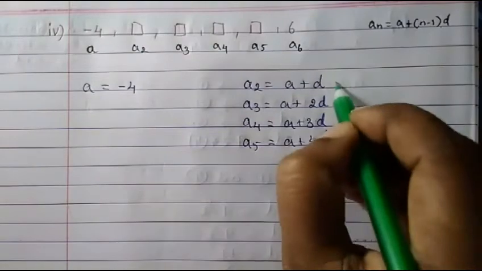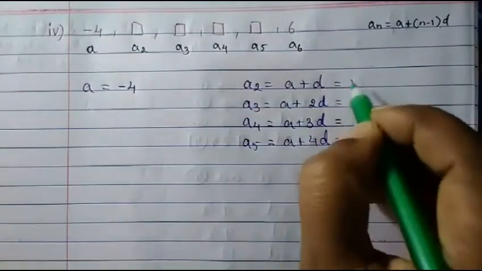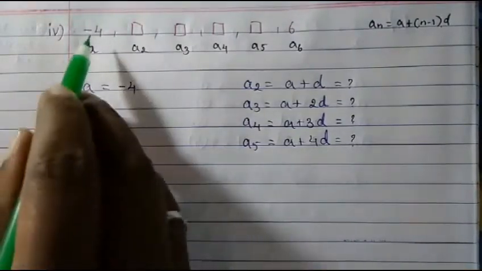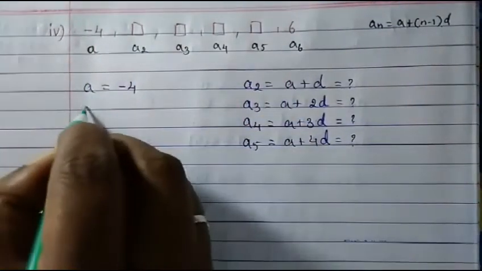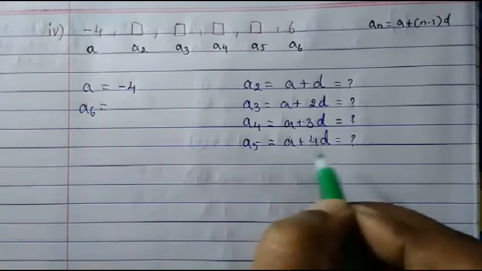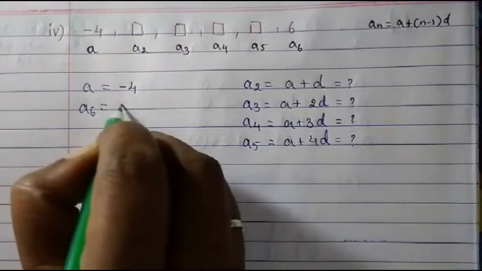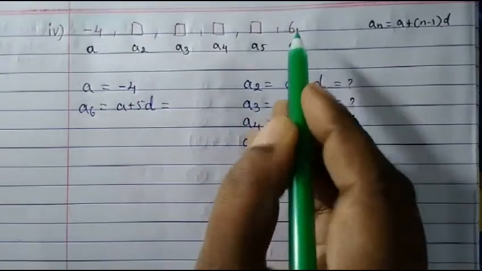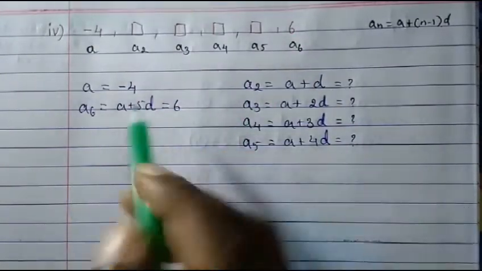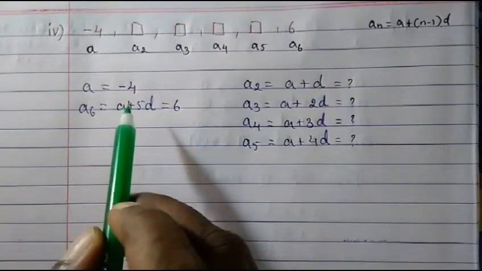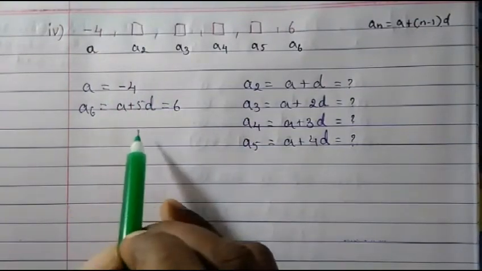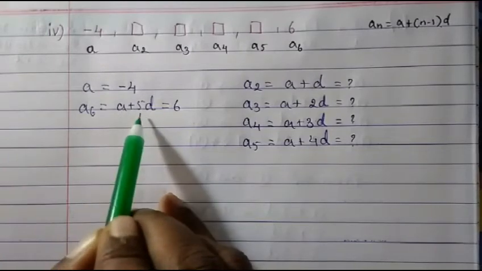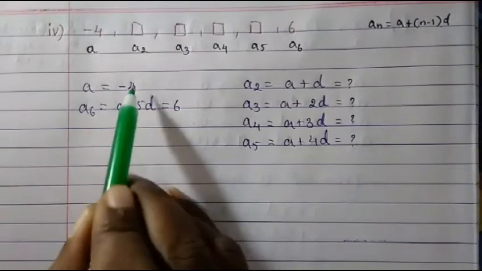So all this we don't know, we have to find out. What is given to us is the first term and then A6. So A6 will be what? If A5 is A plus 4d, A6 will be A plus 5d, which is equal to 6, as given to us. With this equation, we'll get the value of d, because we know the A value.